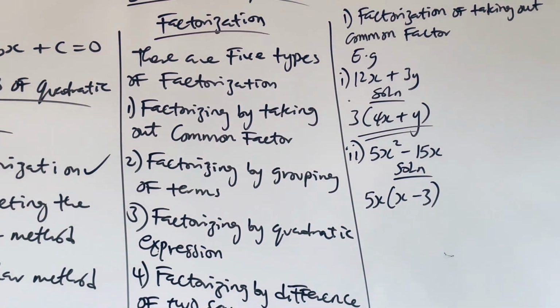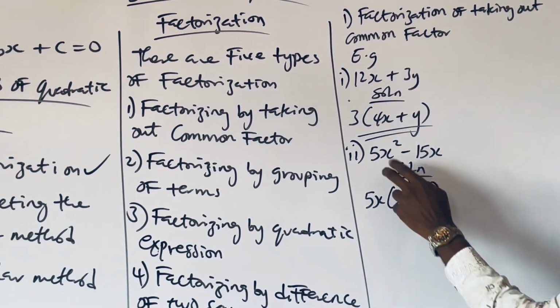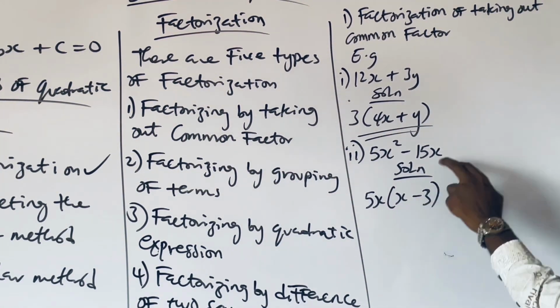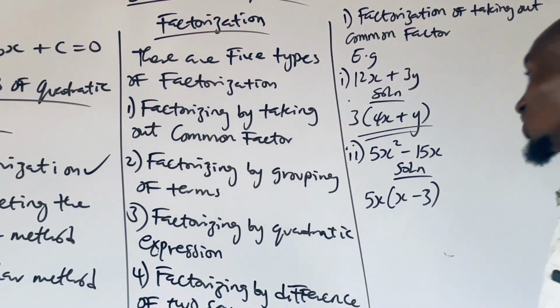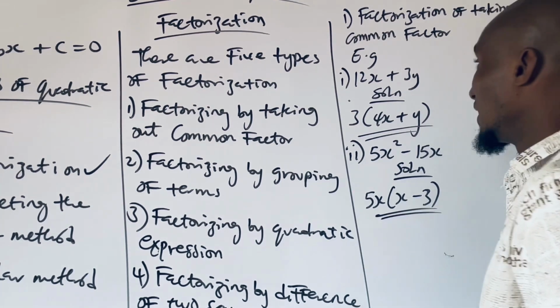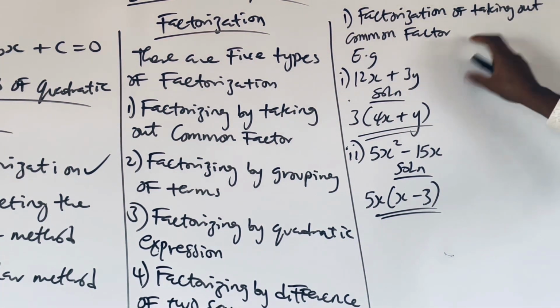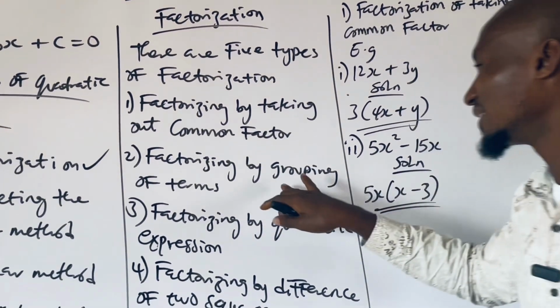How? 5x times x will give us 5x squared. 5x times minus 3 will give us minus 15x. So this is the final answer. I think we are good to go here. I'm done with this. Let me enter the second one.